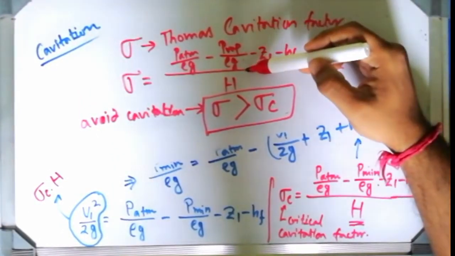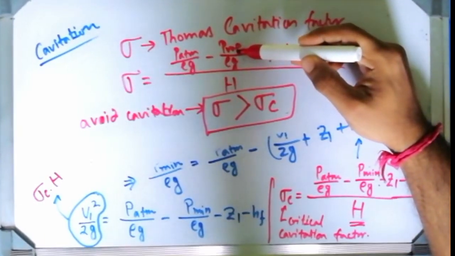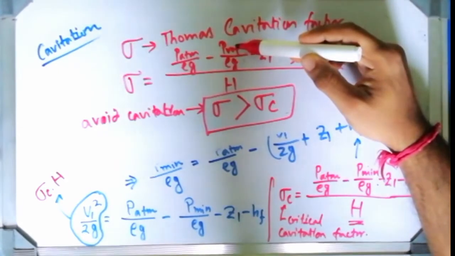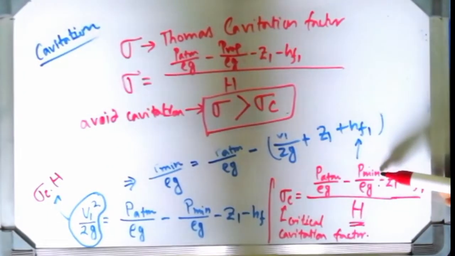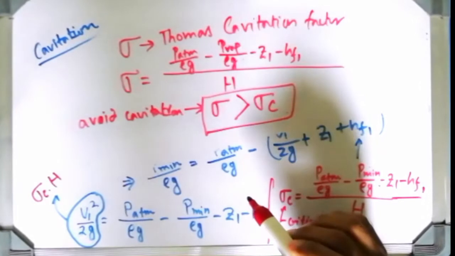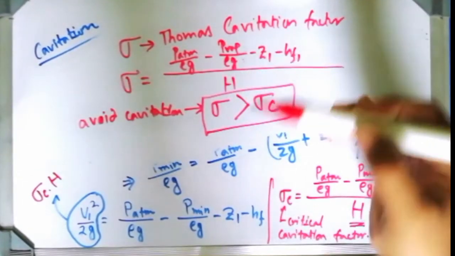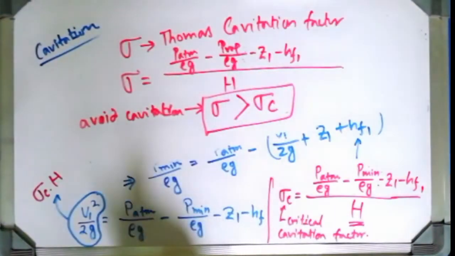If sigma is greater, then obviously the vapor pressure of the liquid will be higher. Higher than which parameter? Higher than the minimum pressure of the pump inlet. If the vapor pressure of the liquid is more than the suction pressure at the pump inlet, then obviously no cavitation will be there.